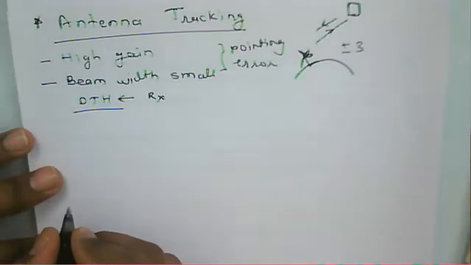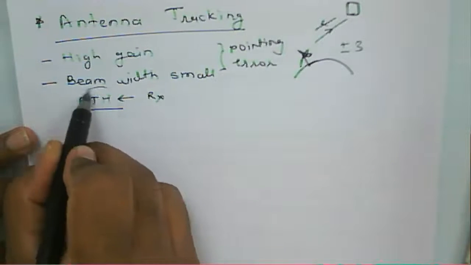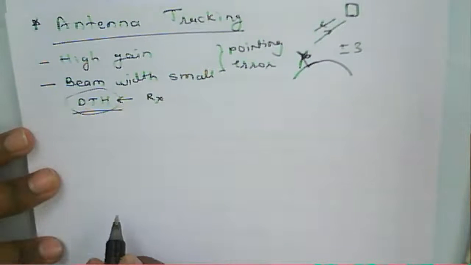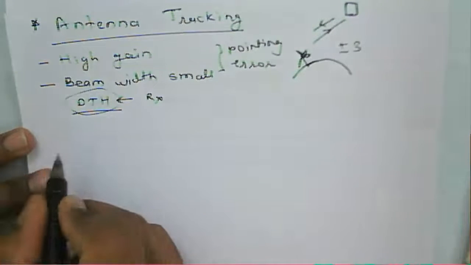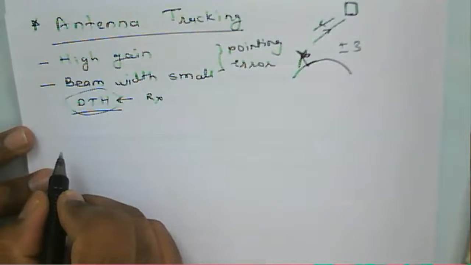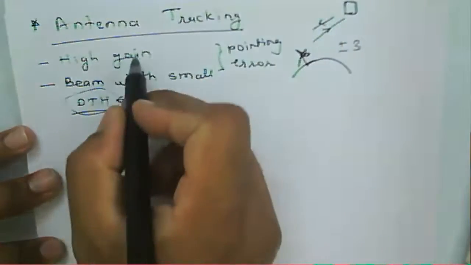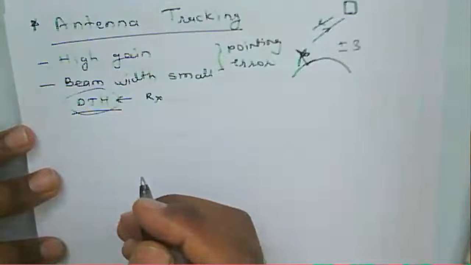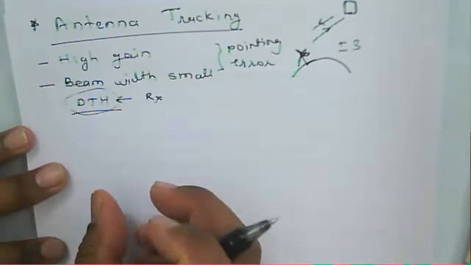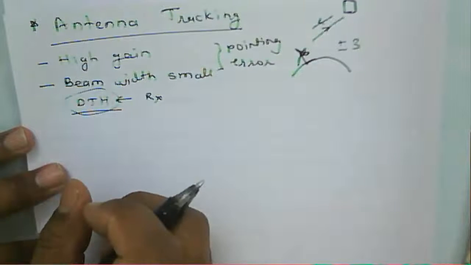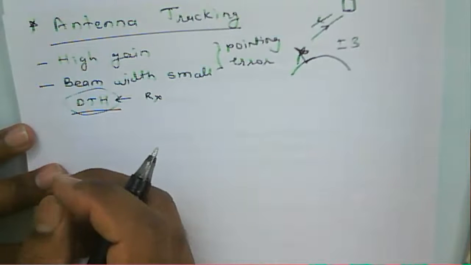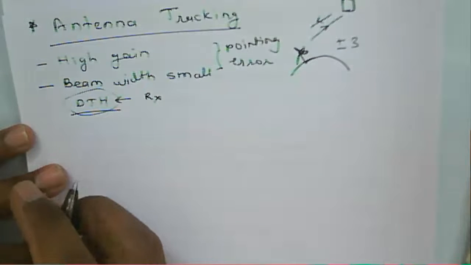That satellite position is fixed, so whichever signal we are receiving at home through the satellite needs high gain, or the received power has to be larger. If any disturbance occurs, the level of the received signal will be reduced because the distance is large.